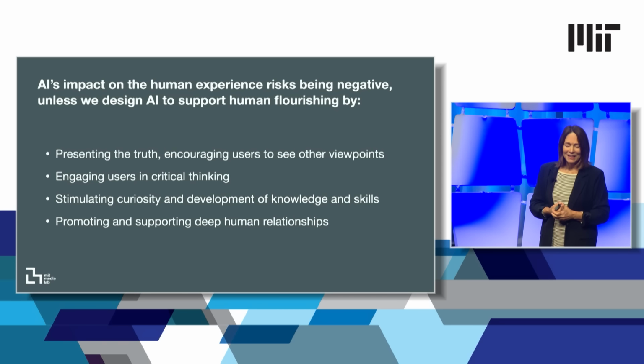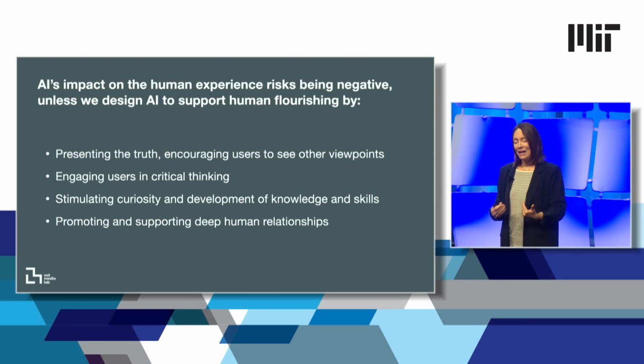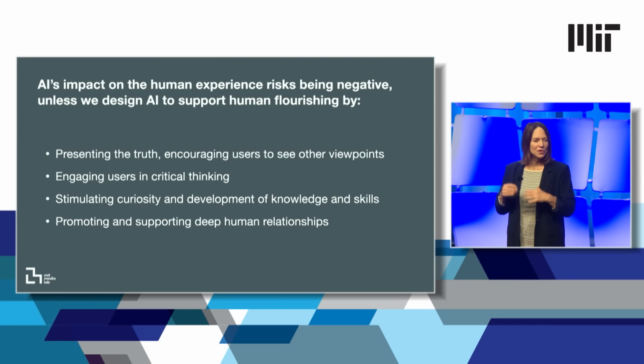So in summary, AI's impact on our human experience, on our human lives, risks being negative unless we really think carefully about how to design AI and deploy AI and not just think about making AI ever more powerful and capable and then throwing it over the fence into the hands of real users. AI should present the truth and occasionally push back to the user and encourage a user to see other points of view rather than reinforcing their point of view.